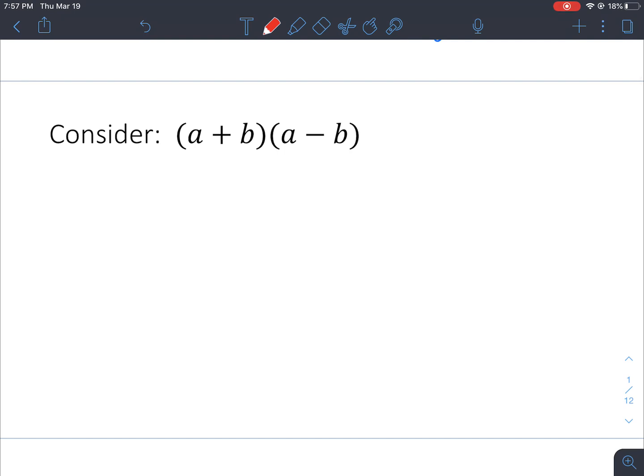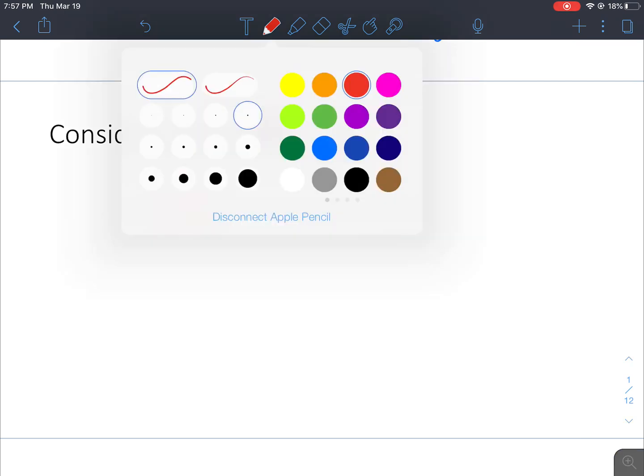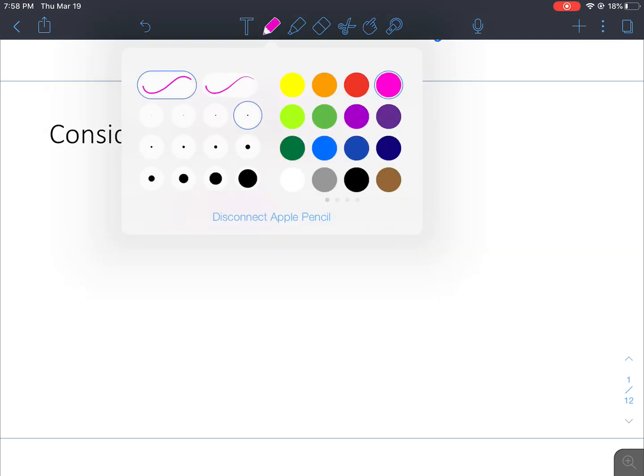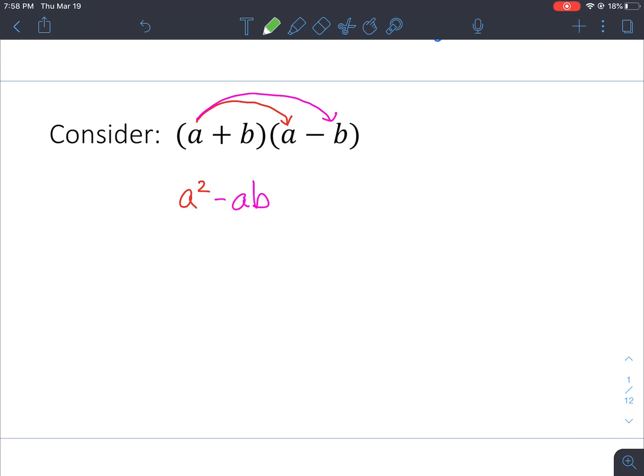If I've got this double distribution, a plus b times a minus b, we know that our first step would be to multiply the a through to everything distributed. So a times a is a squared. Next we would do a times the b, and we've got that minus sign, so it would just be minus ab. And we're now done distributing the a.